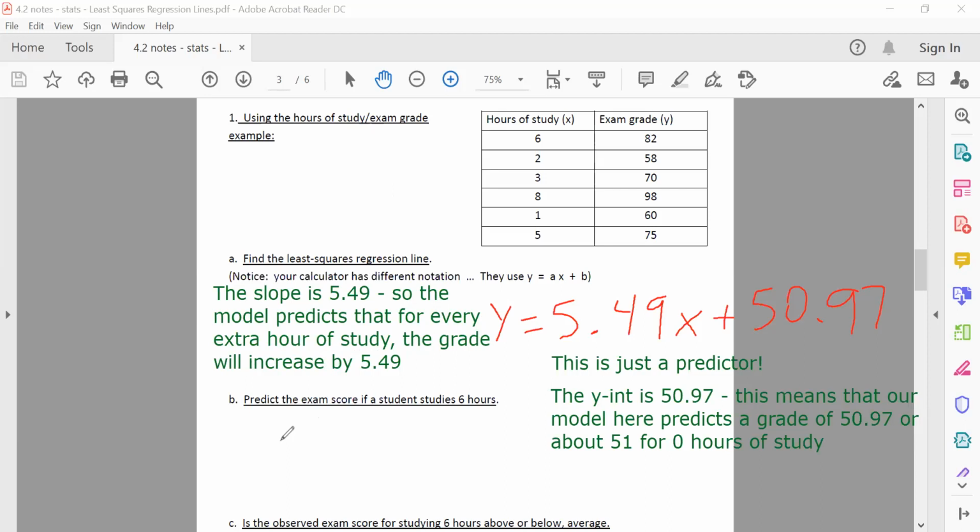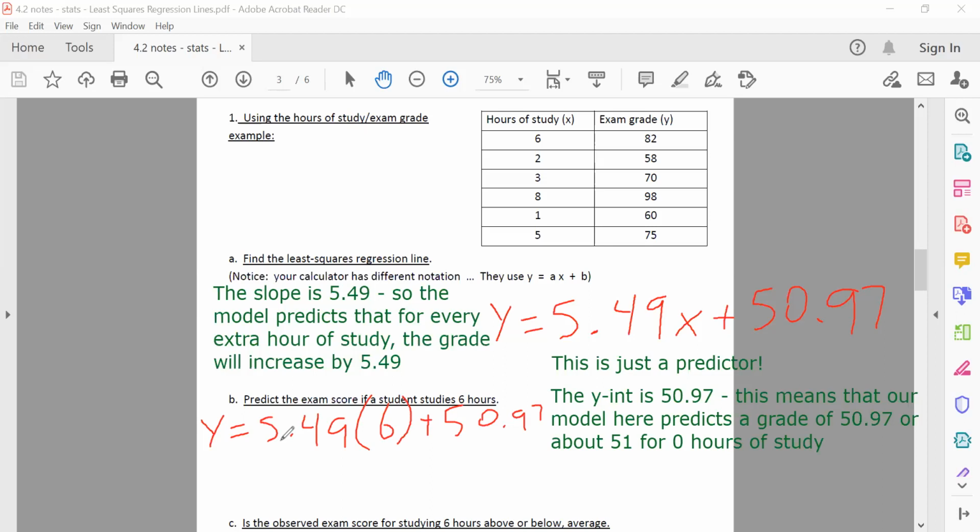Now, predict the exam score if a student studies 6 hours. So now, y is the predicted exam score, 5.49 is the slope. We're going to plug a 6 in for x into the linear equation. And remember your order of operations.